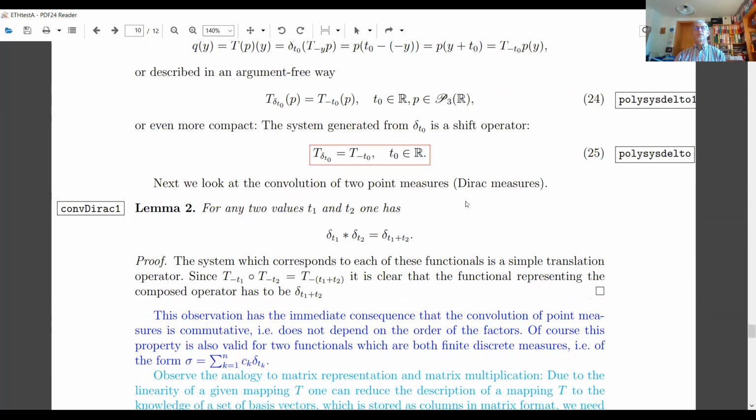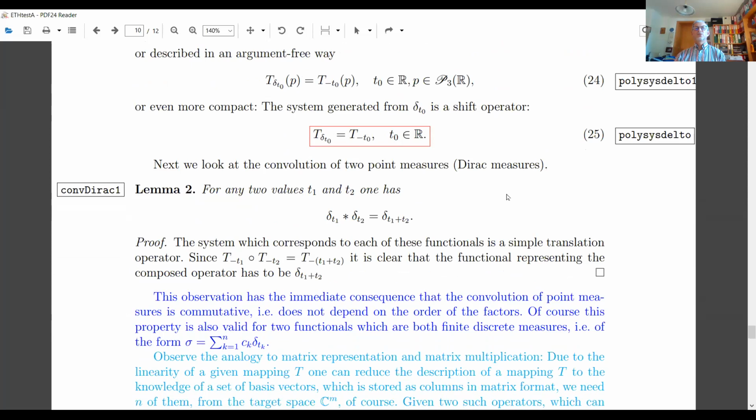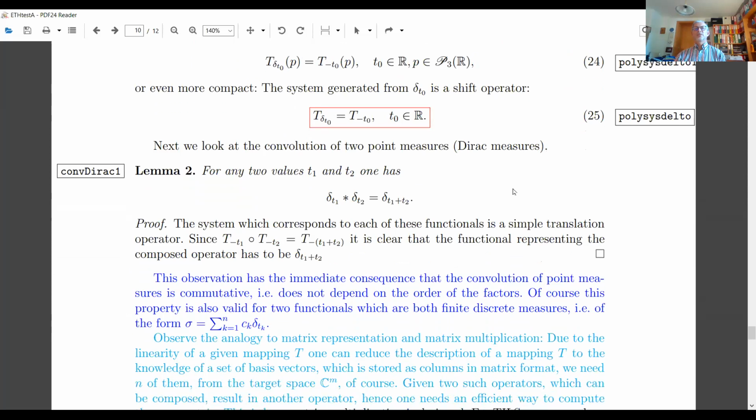But let us at least check what happens if you take the most simple functionals, which are these deltas. What is the convolution product of delta at t1 with delta at t2? The answer is, this is delta of t1 plus t2. And therefore it's the same as delta of t2 convolved with delta of t1.